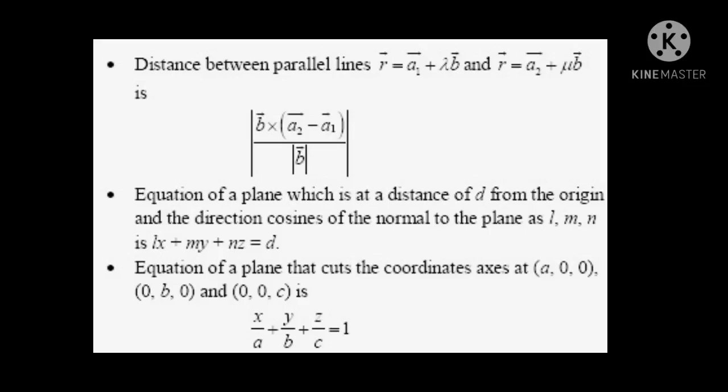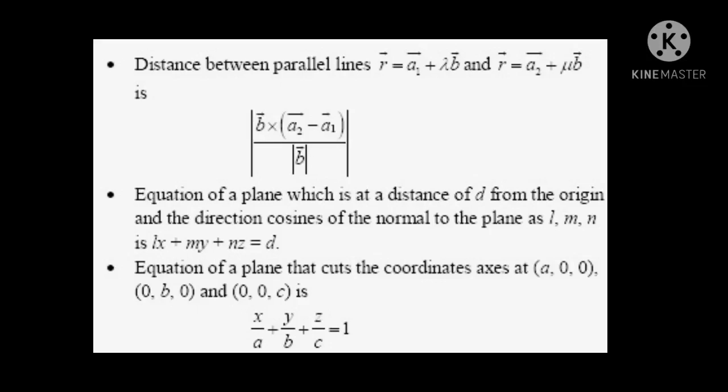Okay, then we are coming to the equation of a plane which is at a distance of d from the origin, and the direction cosines of the normal to the plane are L, M and N. So here we are finding the equation of a plane at a distance d from the origin.